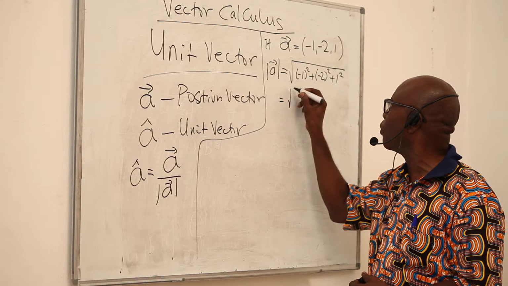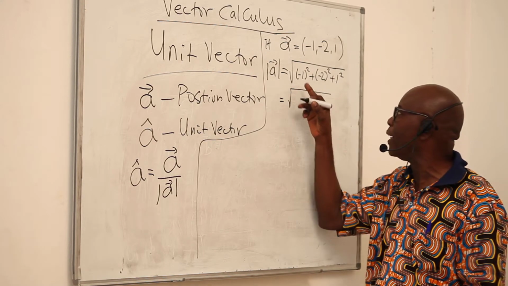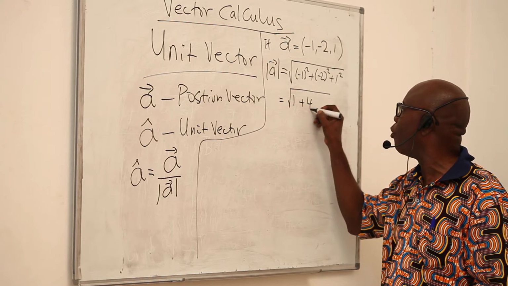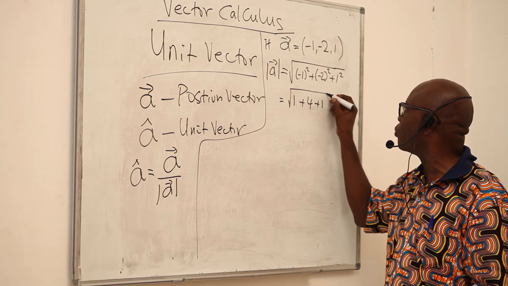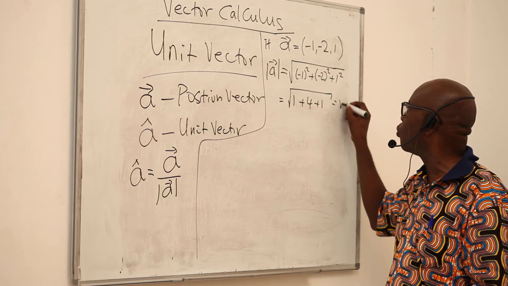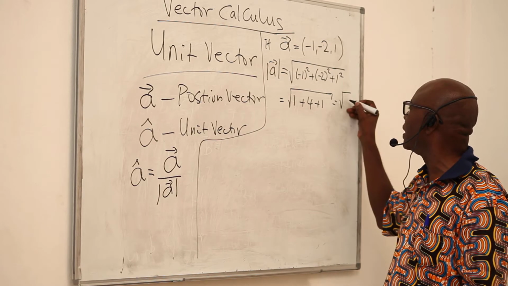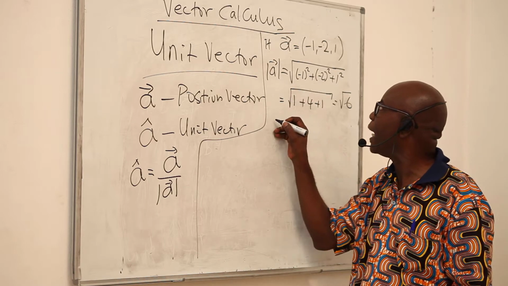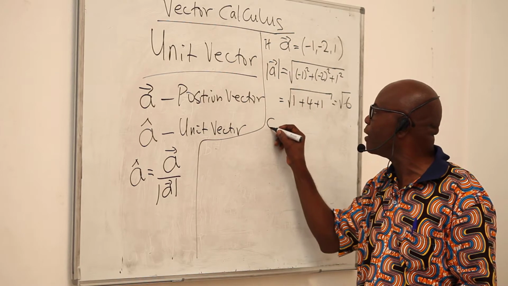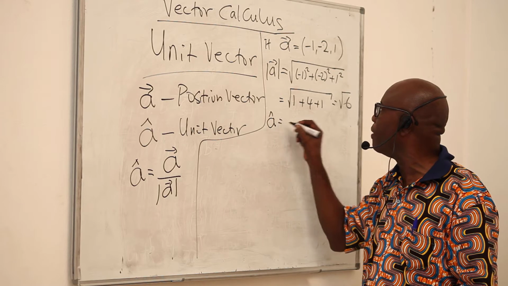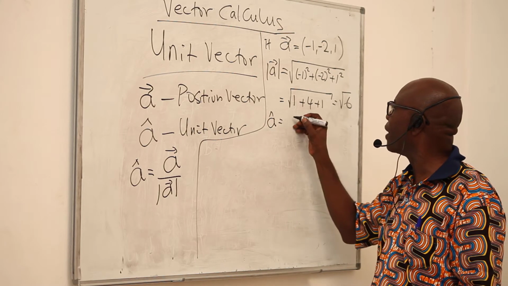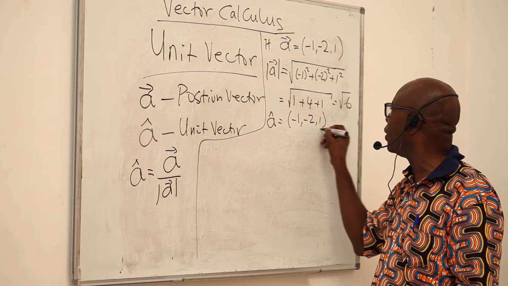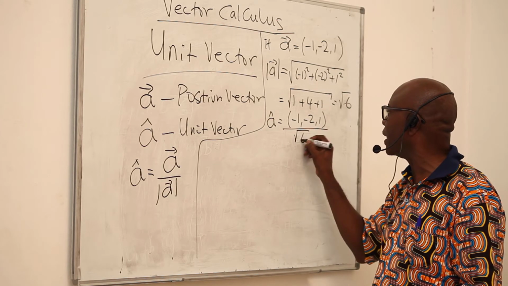If you do the arithmetic, (-1) squared gives us 1, (-2) squared gives us 4, and 1 squared gives us 1. So this gives us the square root of 6. And so the unit vector A is given by the vector (-1, -2, 1) all divided by root 6.